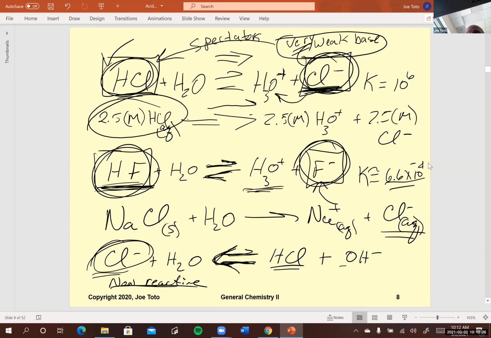I'm just not going to generate any OH minus that's going to change the pH of water, because this base is the conjugate base of HCl, which is a strong acid. So this base here is so weak that it's a spectator. Whereas this base, F minus, is the conjugate base of a weak acid.